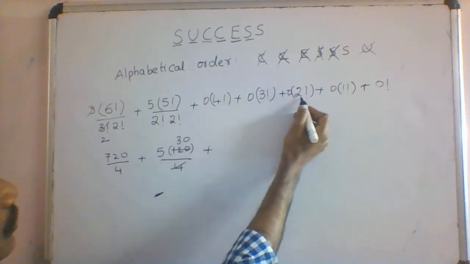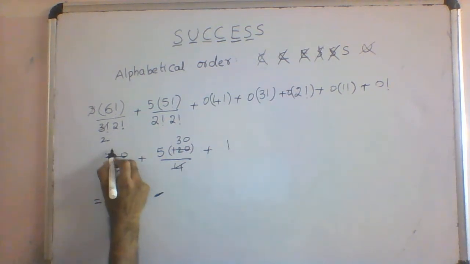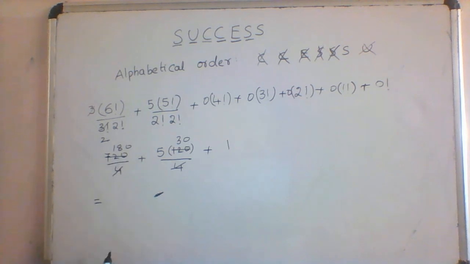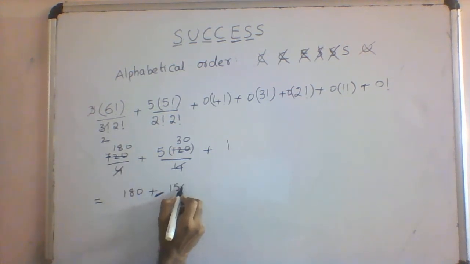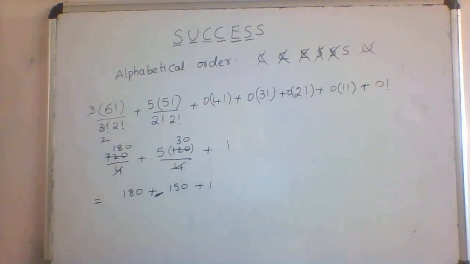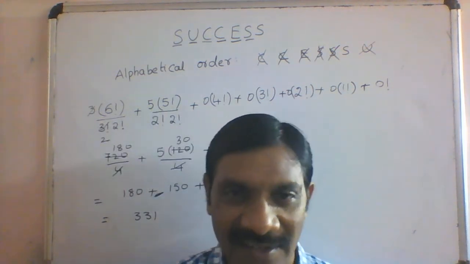This 0, 0, 0, 0, and at last 1. So it is 180 plus 150 plus 1. So how much is it? 150 and 150 is 300, 331. 331 is the rank of the word SUCCESS.